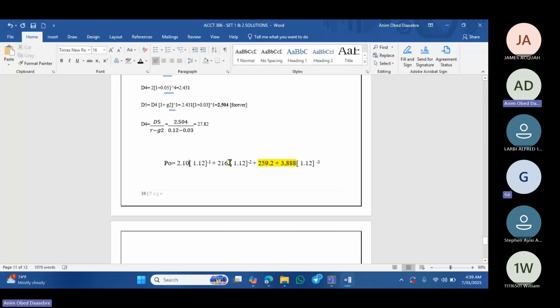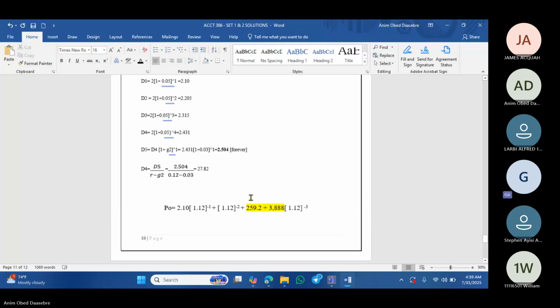And D2 is what? D2 is 2.205. D3 is 2.315.